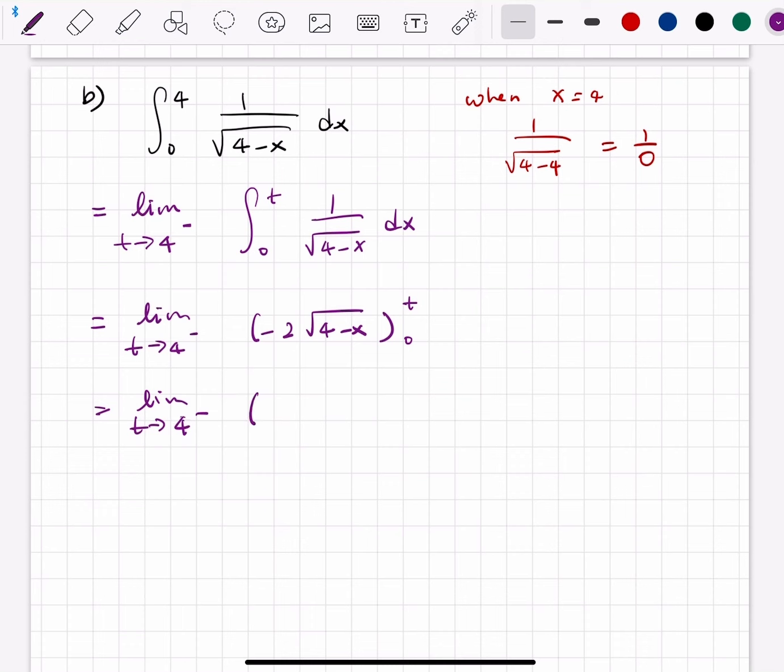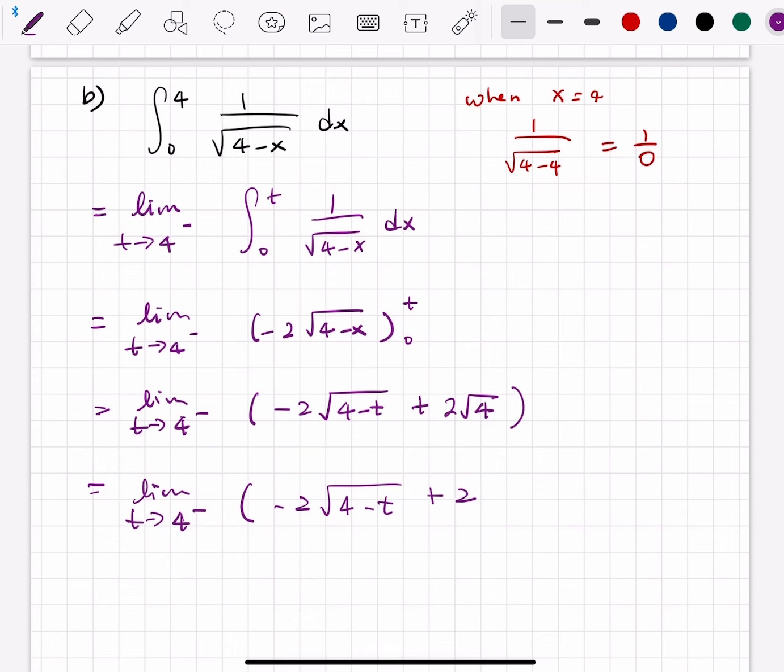Which is going to be negative 2 square root of 4 minus t plus 2 square root of 4, which is going to be 4. 2 times 2, 4. Now the limit.